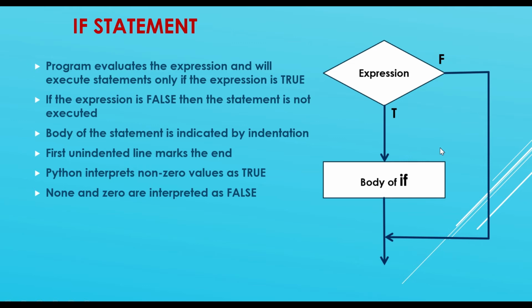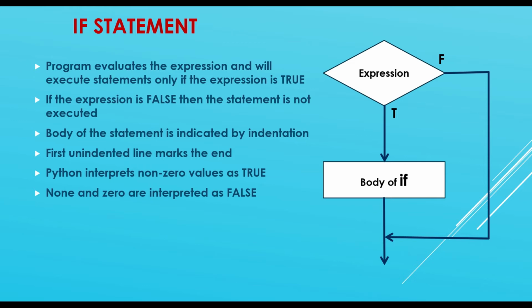The body of the statement is indicated by indentation, and the first unindented line marks the end, which we saw yesterday in the example. Python interprets non-zero values as true, and None and zero are interpreted as false. As we have seen earlier, the int value of True is 1 and the int value of False is 0.